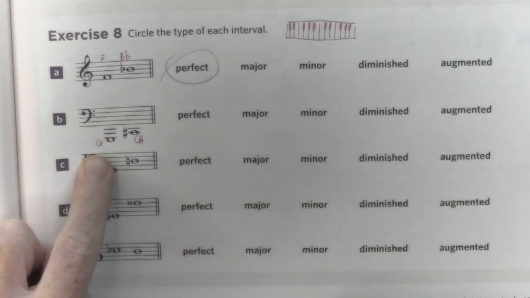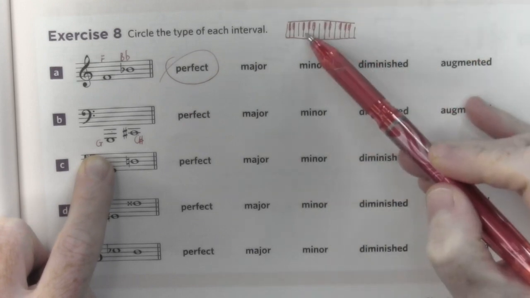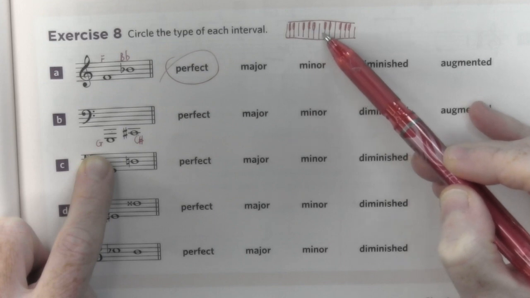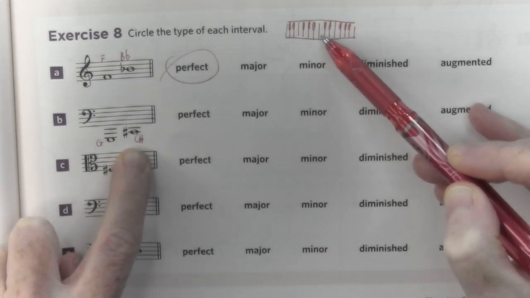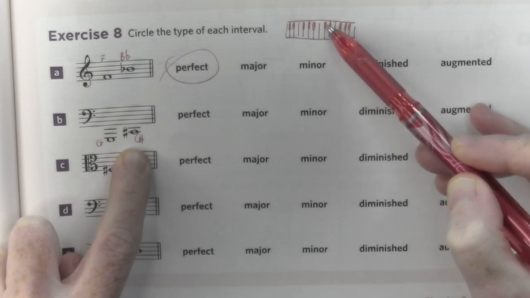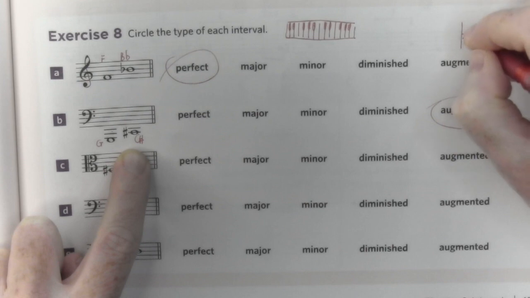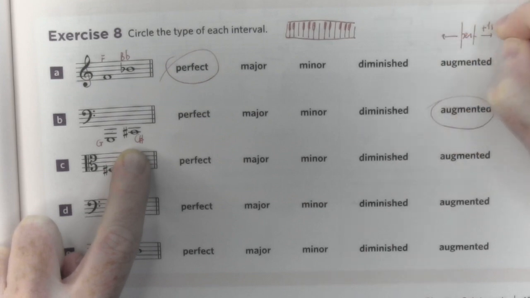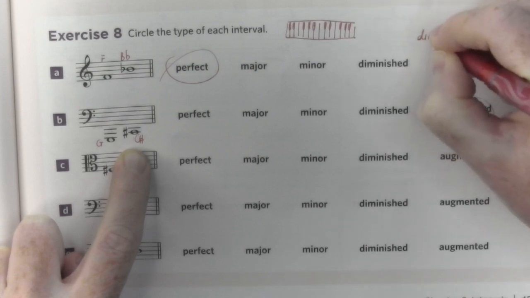Sol, Do is a fourth again. Now, perfect fourth is 2 tones and a half. So let's count. 1, 2 and a half. But then we have Do sharp. So it's not perfect, but augmented. Because again, we said a perfect interval plus 1 semitone is augmented. Minus 1 semitone is diminished.